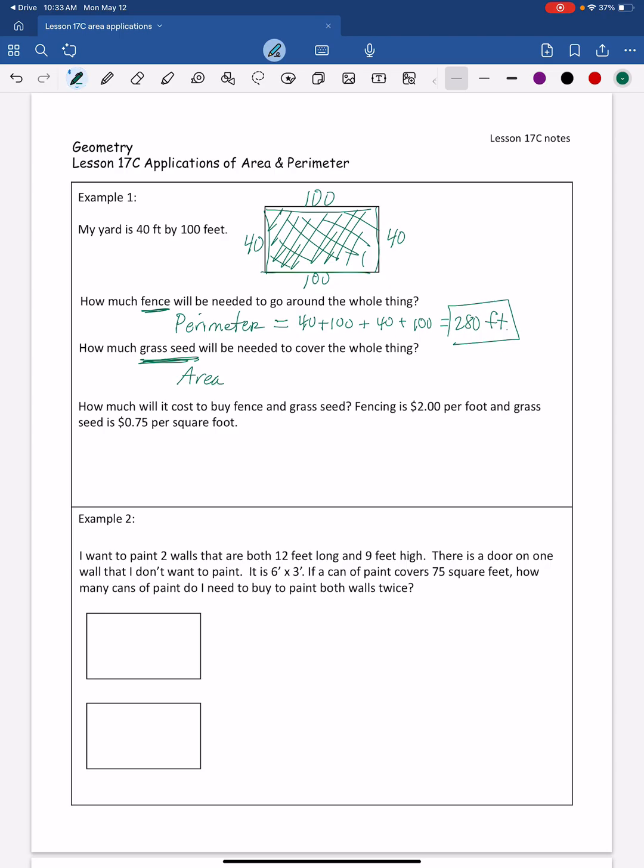Area for a rectangle is base times height. So 40 times 100 or 4,000. And whenever we're talking about area, we are talking a label of square units, in this case feet, so I'm going to label it square feet.